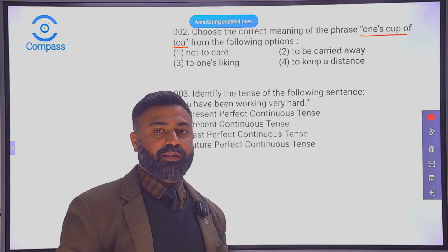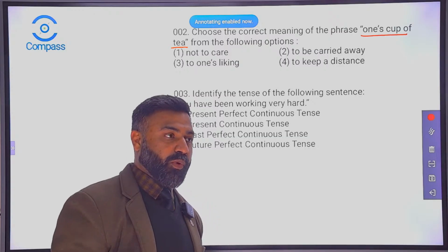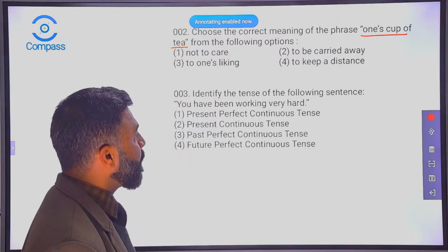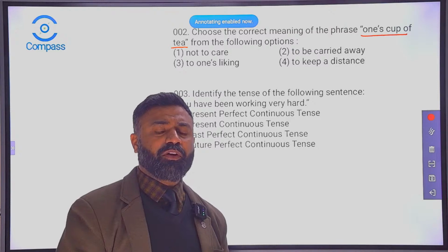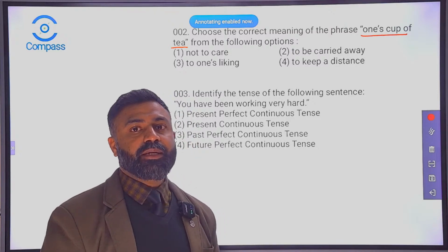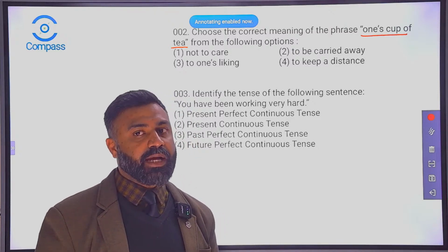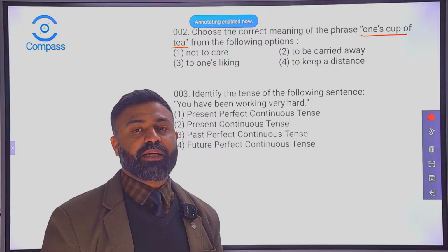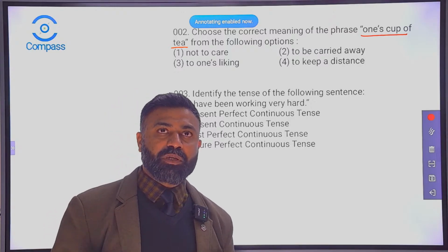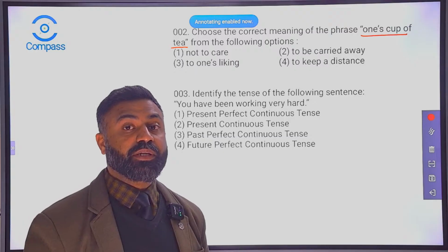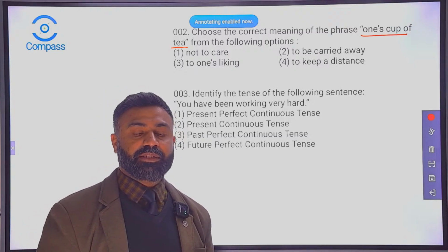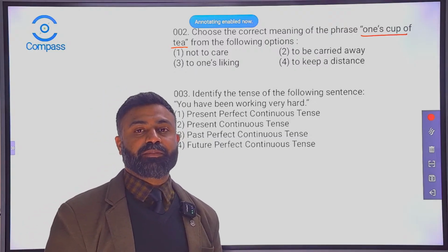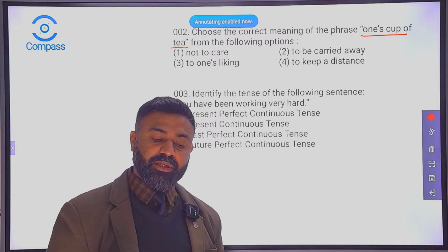You should be thorough and well prepared in vocabulary. When we talk about vocabulary, it has idioms, proverbs, synonyms, antonyms, homophones. So many things are there. It is nearly impossible for a student to learn everything, so how can you do it?